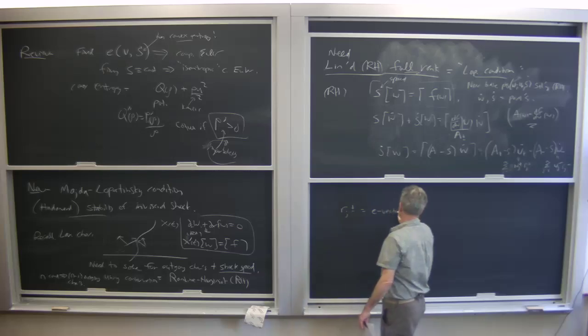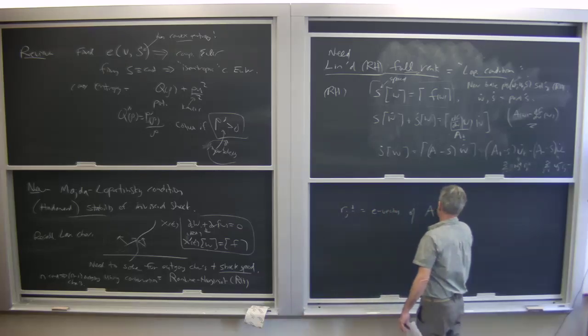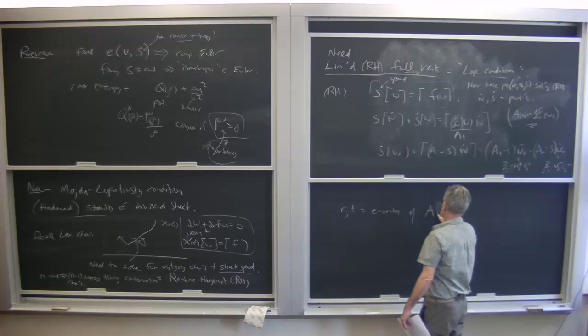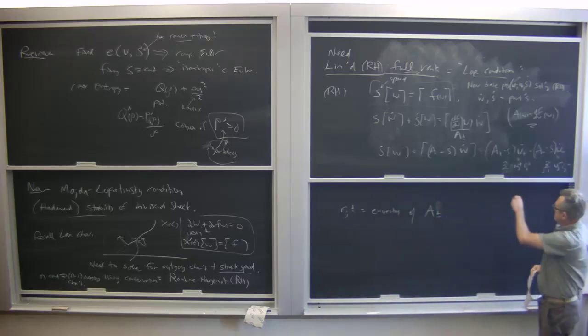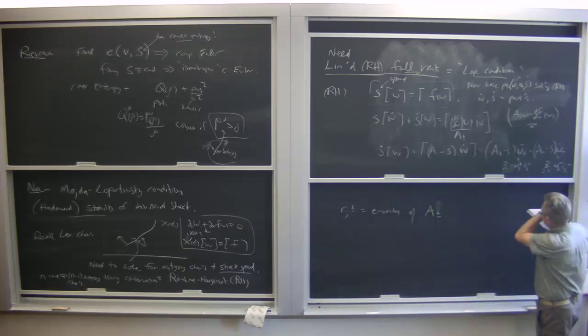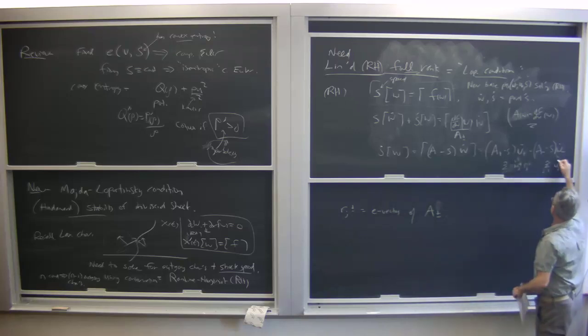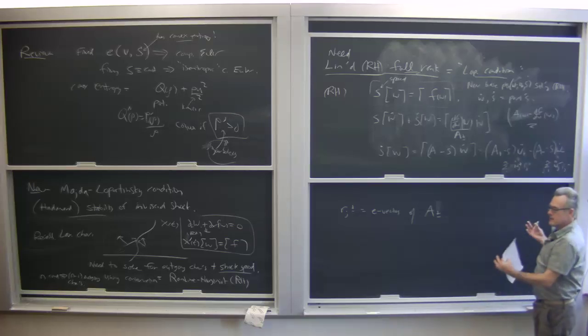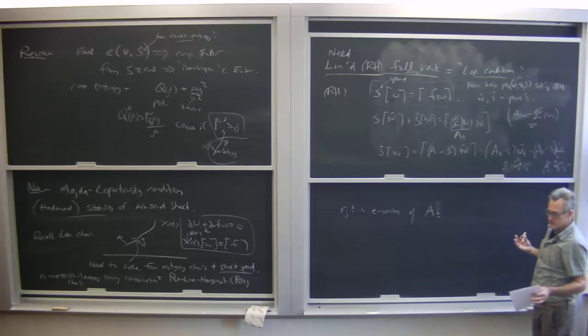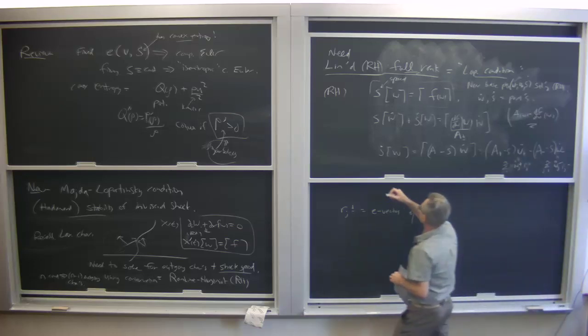These are the eigenvectors of A plus or minus, and I'm just expanding in eigenvectors. And these get a dot. Some of them are outgoing and some of them are incoming, and I need to be able to solve this.